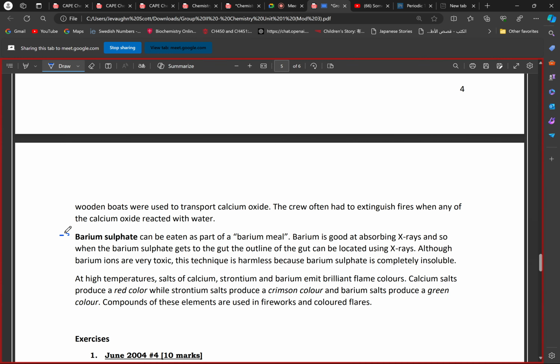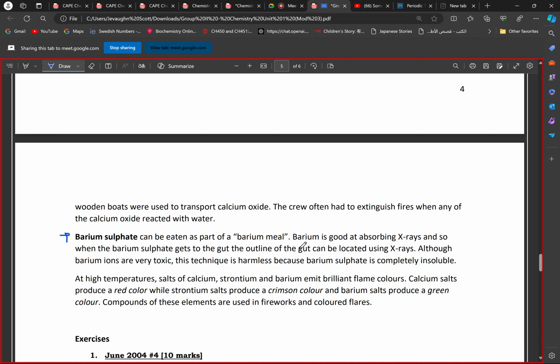We also have barium sulfate. It can be eaten as part of a barium meal. It can be consumed because it's really unreactive, because we know that barium sulfate is really insoluble. And it's good at absorbing X-rays.